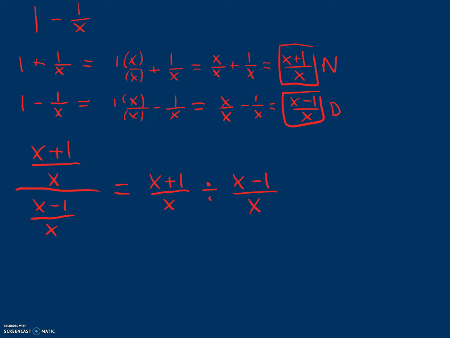And my favorite team, the New York Yankees, always helps me remember to do this. No, I do not flip this, so I leave this as x plus 1 over x. Yes, I changed division to multiplication, which also means yes, I changed this to x over x minus 1.